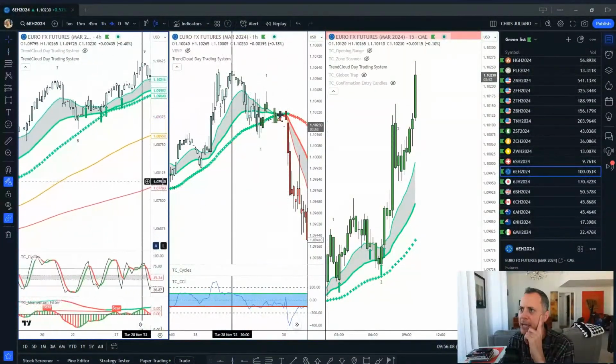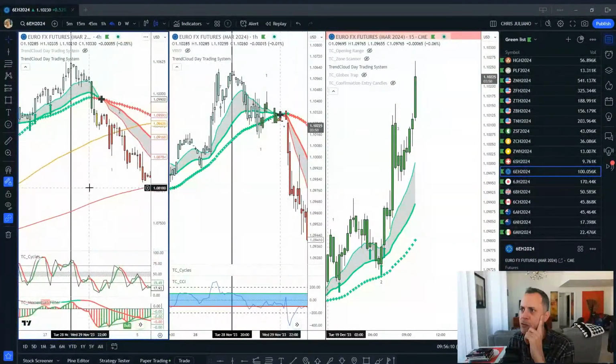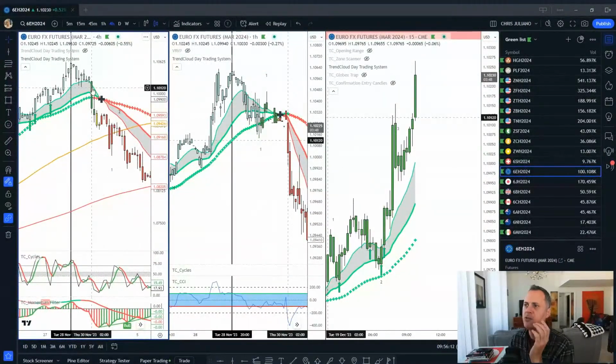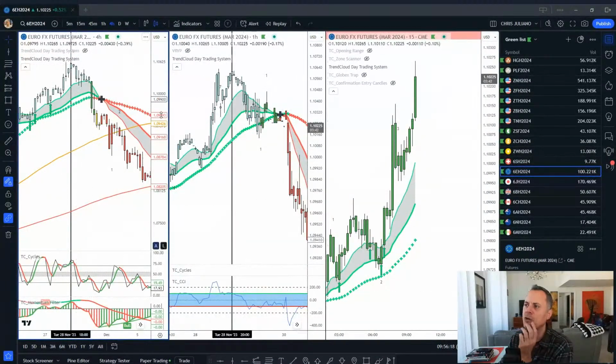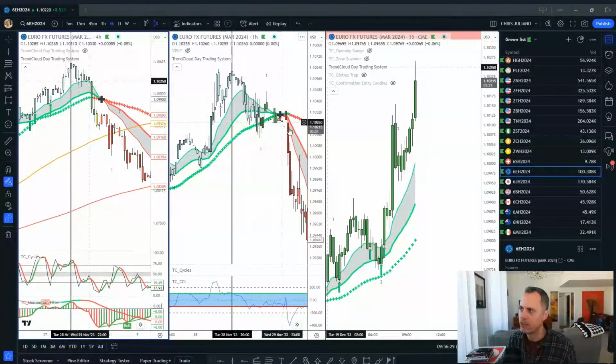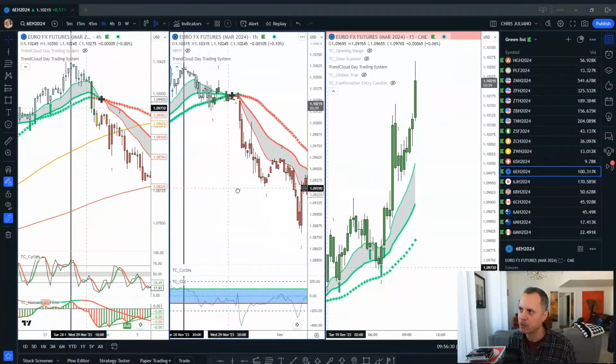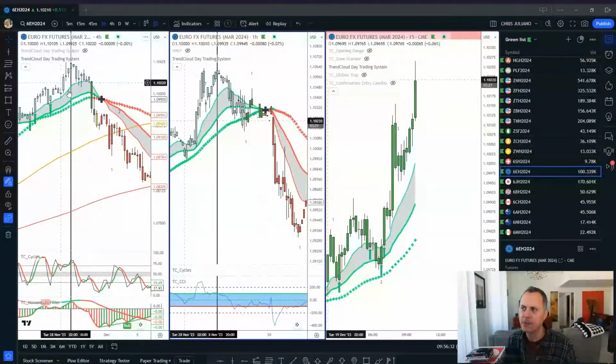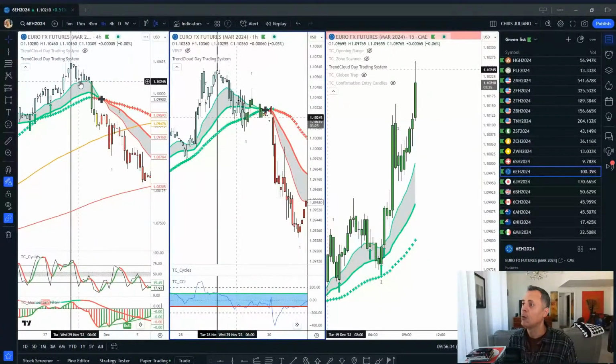And so when the high time frame is extended, we're looking for the lower time frames to achieve some kind of complete trend reversal. And that is what we get here. So when the high time frame becomes extended, you're looking for trend reversals.